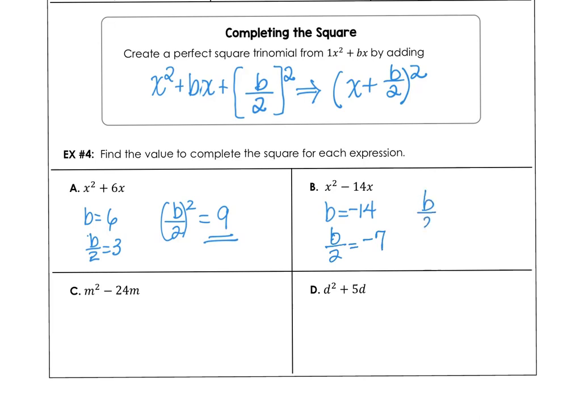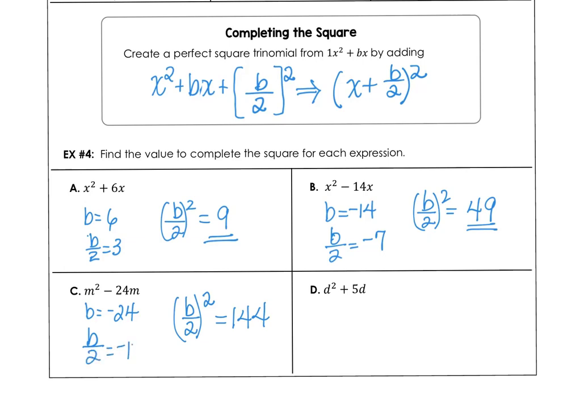When we square negative 7, your c value would be positive 49. On part C, the b value is negative 24. Half of negative 24 is negative 12. Negative 12 squared is positive 144.